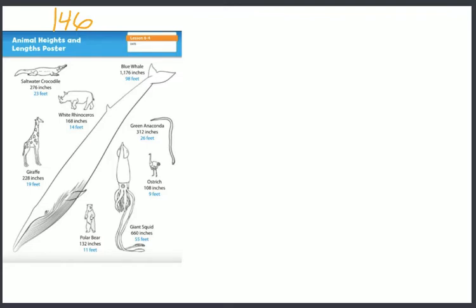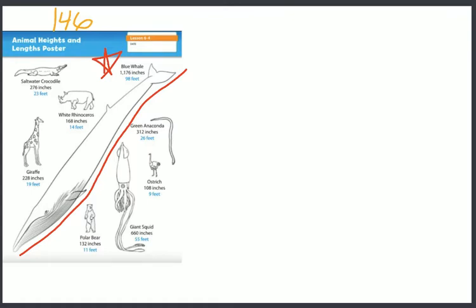Well, taking up most of the page, we have the blue whale right here. We can see him. He is the longest animal, and he is 1,176 inches, or 98 feet.